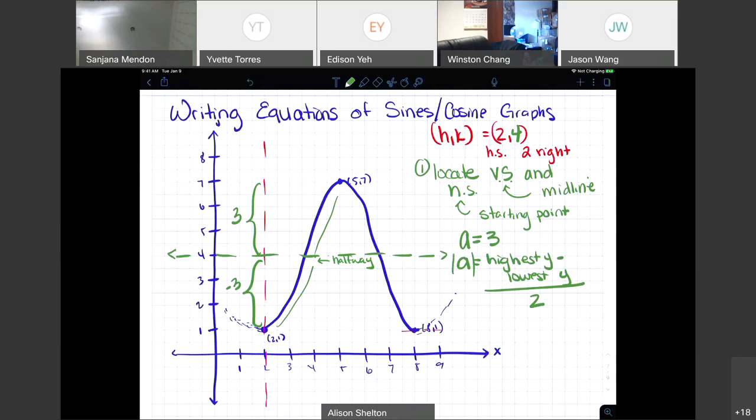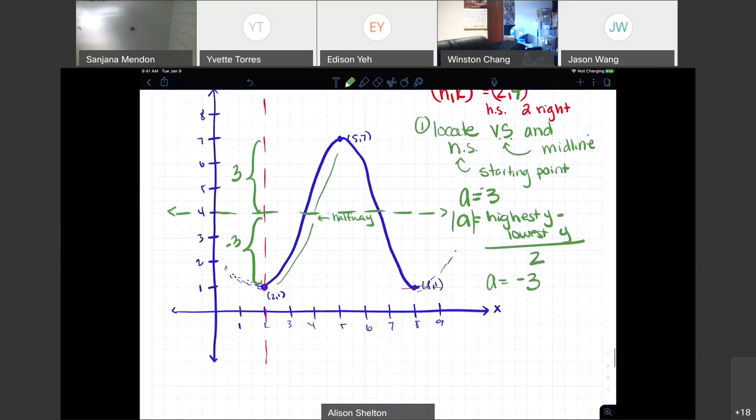Since this is upside down, my a should be negative, so it should really be a equals negative 3. Okay? So that's our step 2.